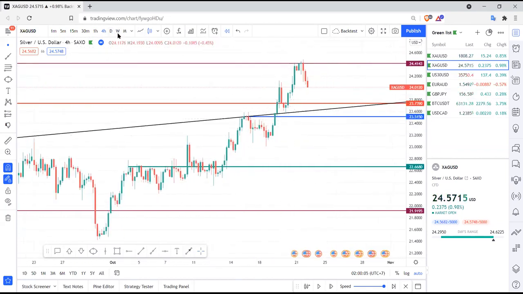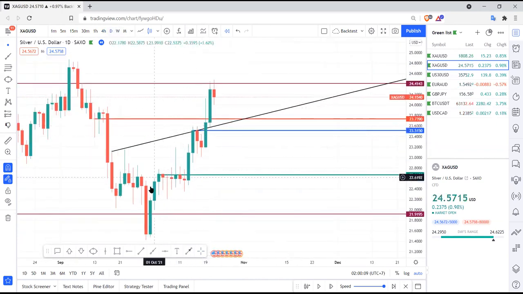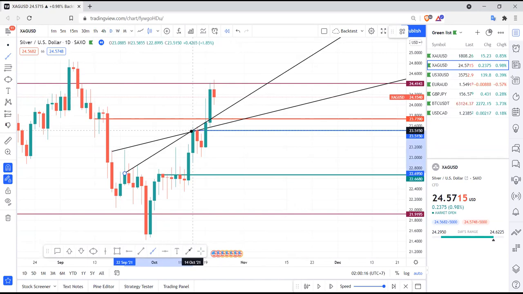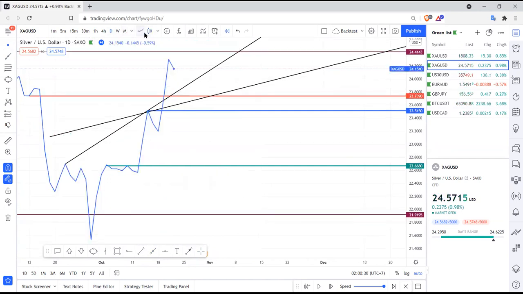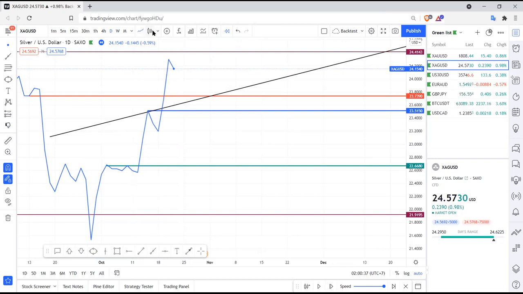In this pullback, I'm also using the previous daily trend line to re-enter, the back test line, that forward test.